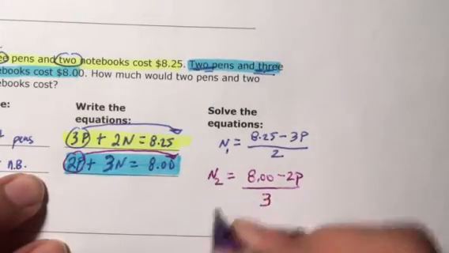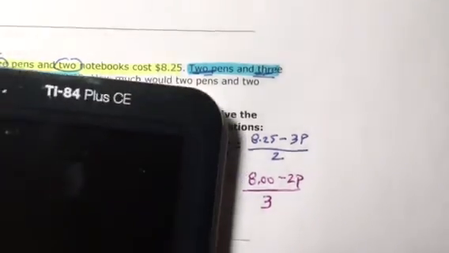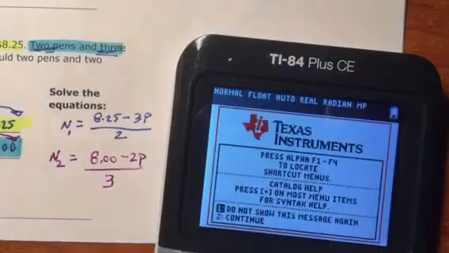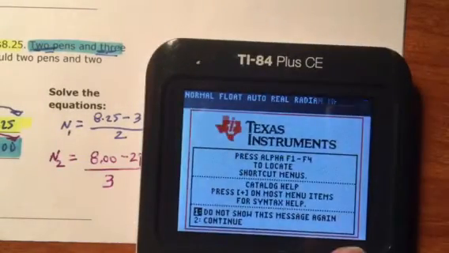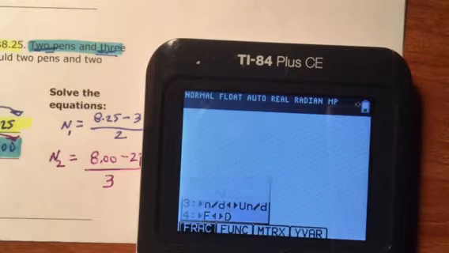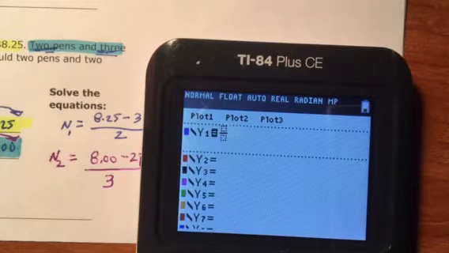Okay. So now we gotta go a step further. We've done the hard part, if you will, in solving. So now I'm gonna go to the calculator. I'm gonna put these 2 things in the calculator. So let me see if I can make this to where you can see both. Okay, so I'm gonna go to y equals, and I'm gonna type in this problem. So alpha y equals, enter.